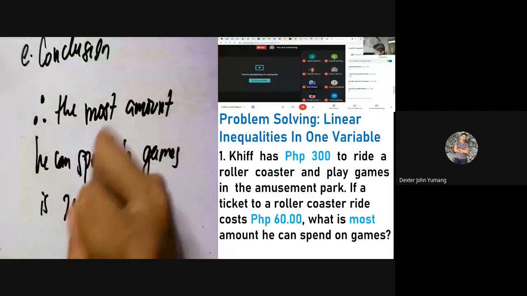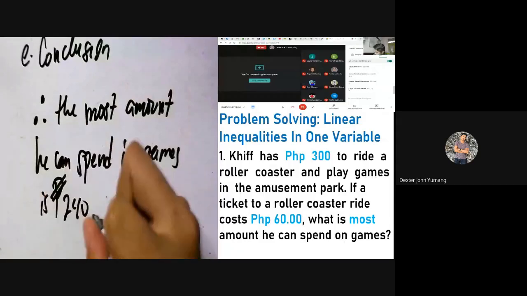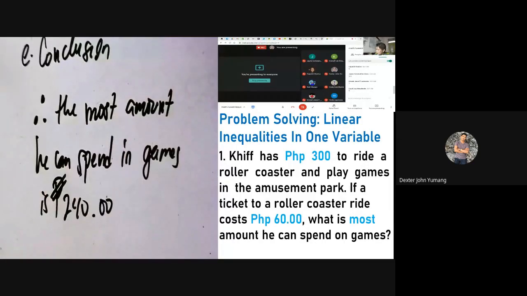Take note, pag walang pesos po, mali po ang sagot ninyo. Kasi po, pera po ito siya. Okay? Please type for the conclusion. Done. And we will have the your turn activity.